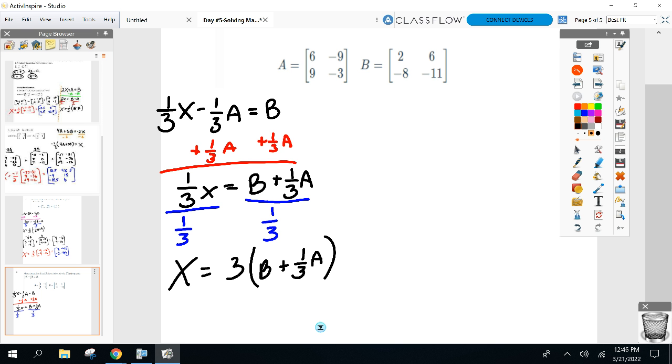Again, anybody feeling crazy, want to distribute the 3? Feel free.